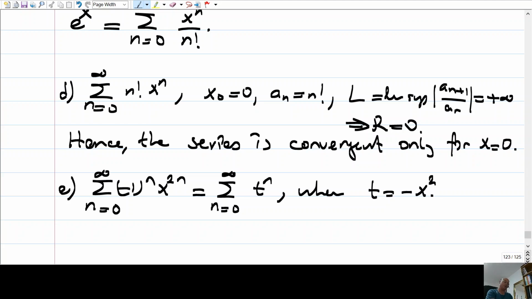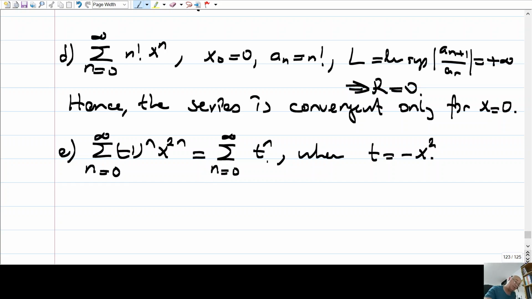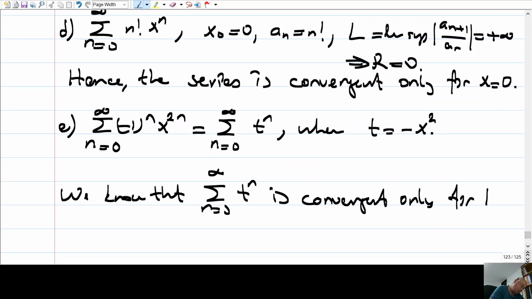Well, we know that this is convergent only for absolute value of t less than 1, right?